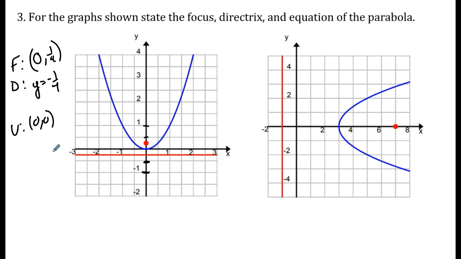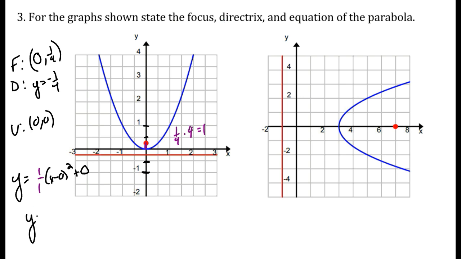So I know the equation. It's opening up. Y equals x minus 0 squared plus 0. Well, what number goes out front? How far away is the focus and the vertex? Well, it happens to be 1/4 away. So to get that number, we multiply it by 4, which is 1, so I get 1 over 1.